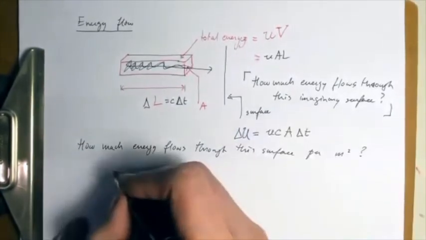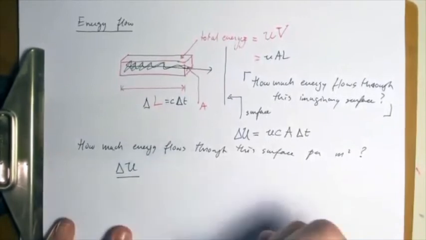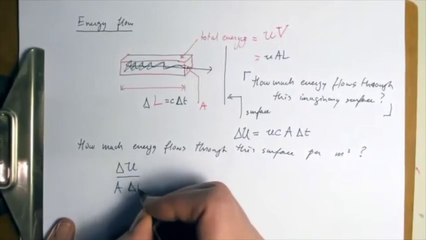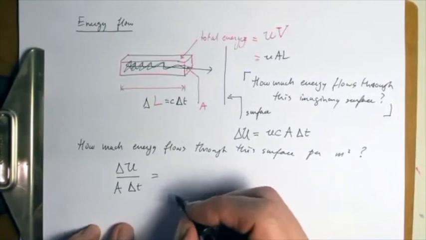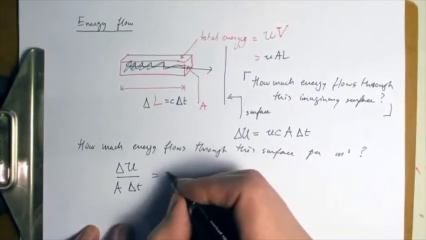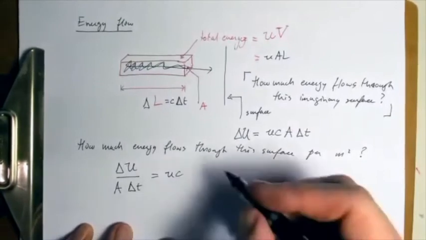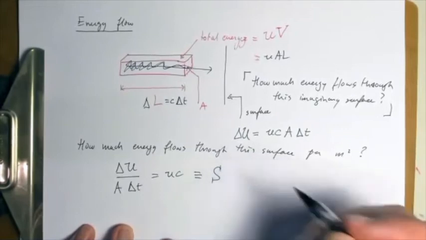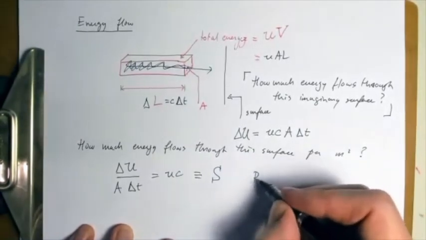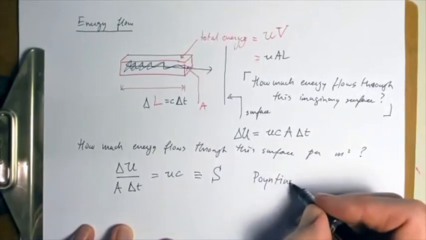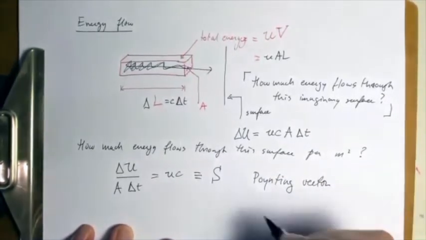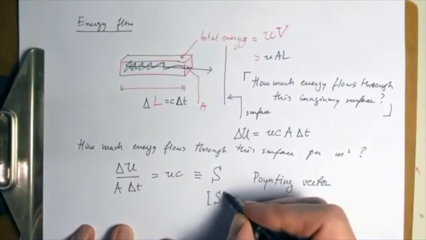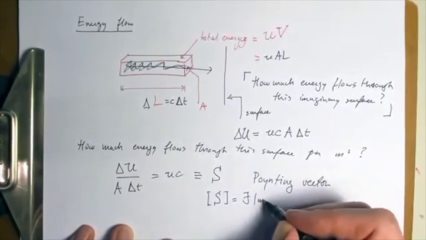So that's delta U over delta T. And then we divide it also by the surface area. And then we get u times C. Now, u times C actually has symbol S, and it's called the Poynting vector. And it's got units because it's energy per unit area. So the units of S are joules per square meter.